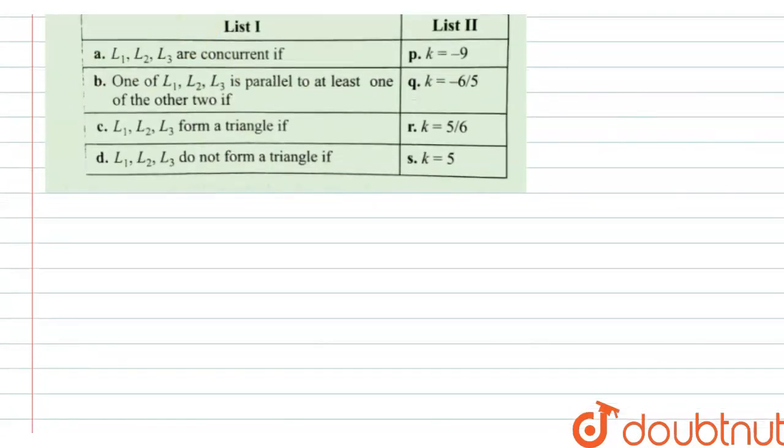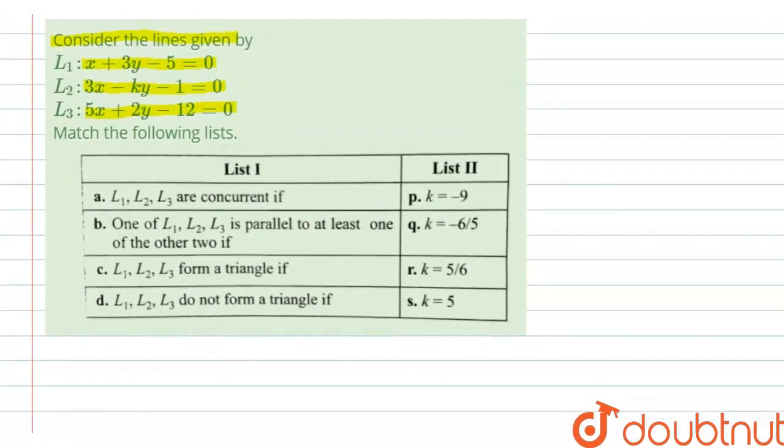Firstly, I'm writing down the equations of the lines which are given to us. Equation of L1 is x plus 3y minus 5 equals 0.